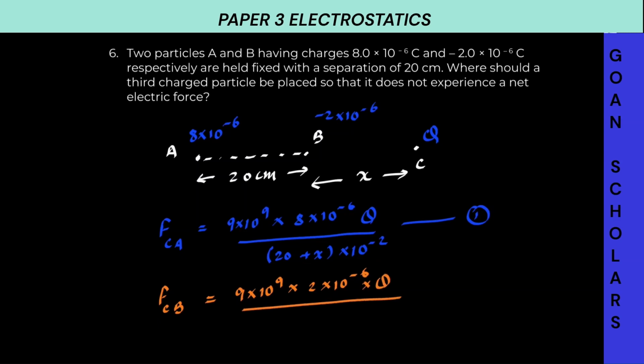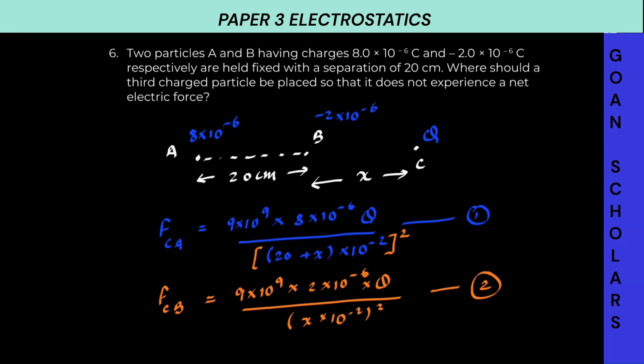Into any charge Q to be placed at C, whole divided by the separation x × 10^-2, whole square, because the formula for force is k q1 q2 by r square. This is our equation 2.